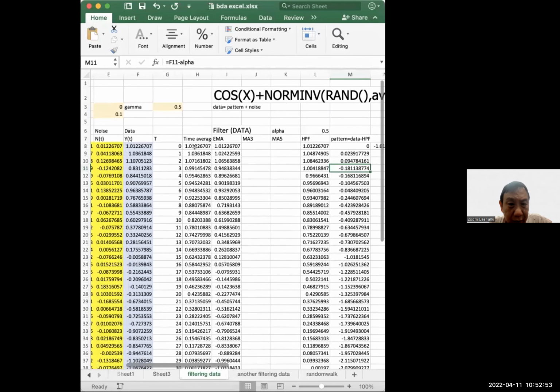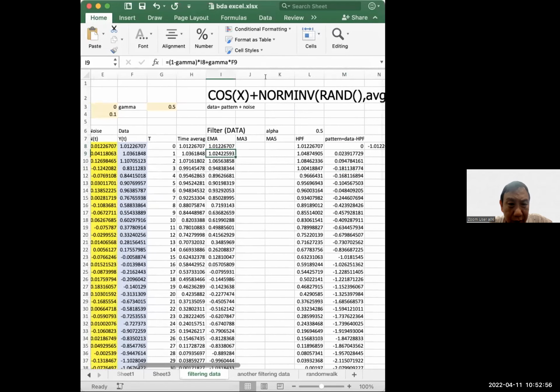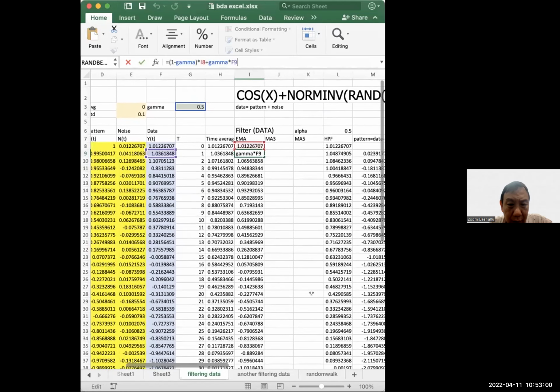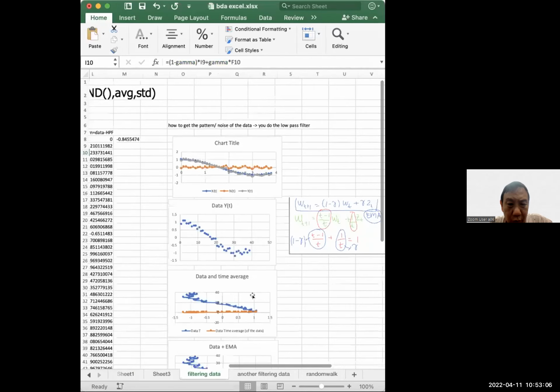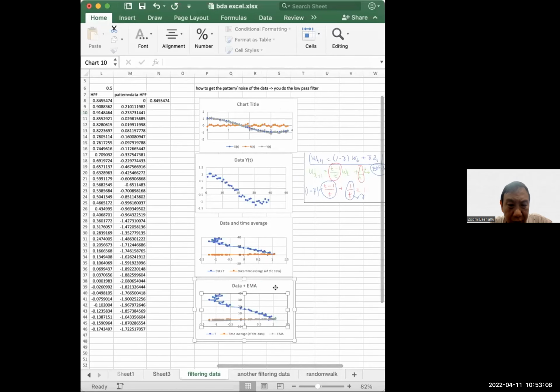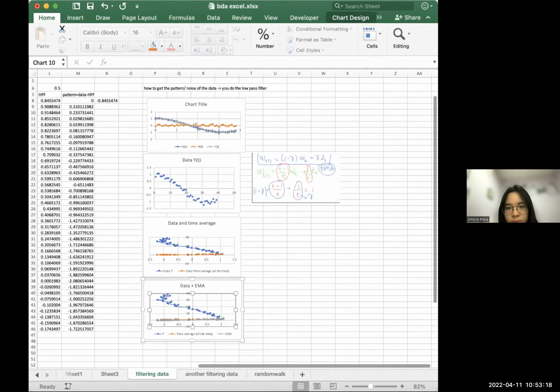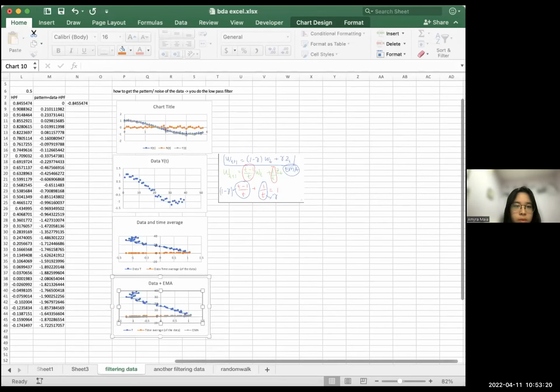Emma, how do you plot that? Can you go to your chart and make that chart closer to your data so that I can see? Can you move that chart near to your table?